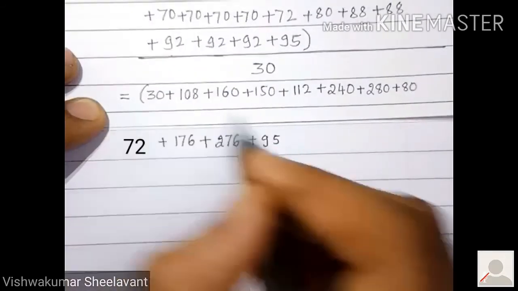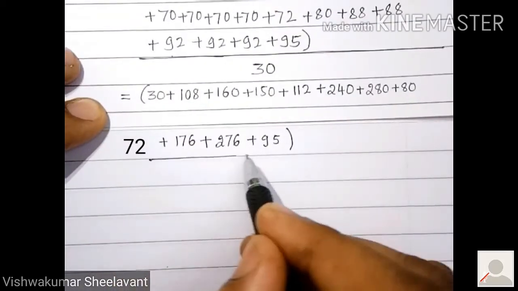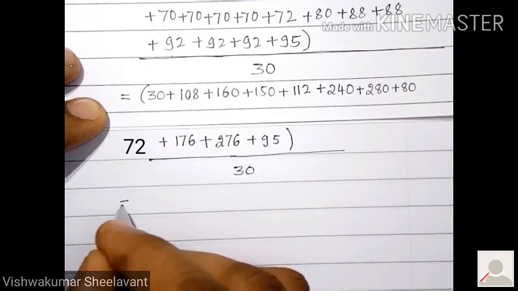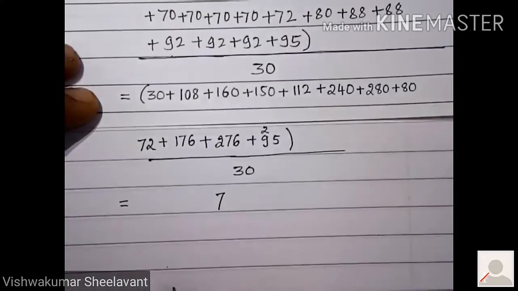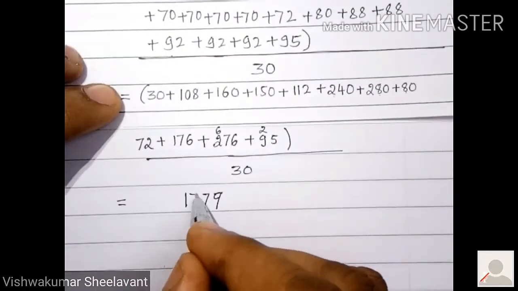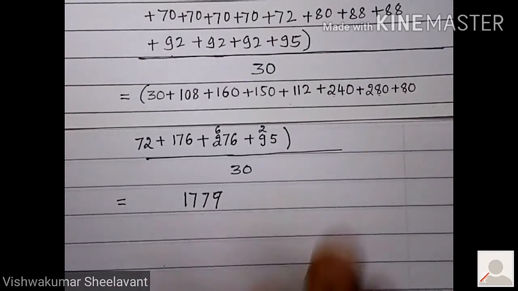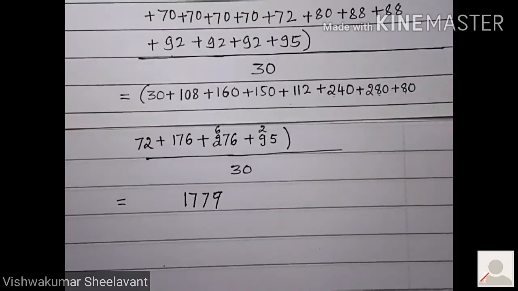All these divided by what? You should not forget. 30. 1779 we will get. So don't write one below the other. You use this method of addition. It will save your time in exam. Okay.